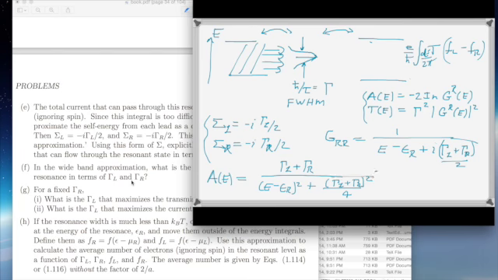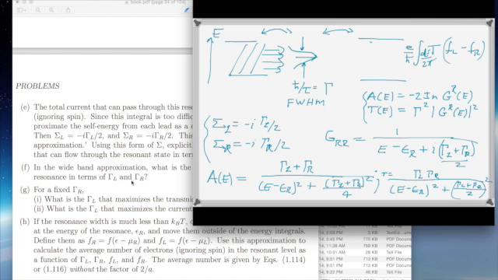Similarly, you can write down your transmission, because G squared has the same denominator. Your transmission is gamma left, gamma right over E minus epsilon R squared plus the quantity gamma left plus gamma right over 2, squared. So the same denominator for both. The only difference is the numerator.